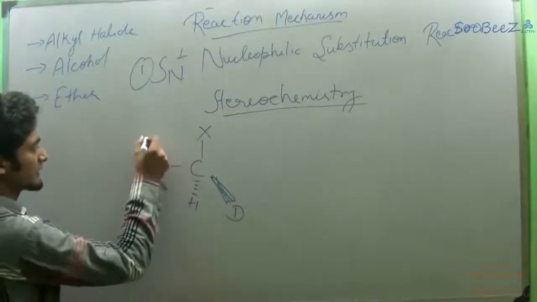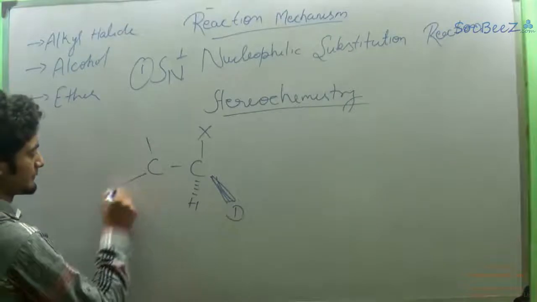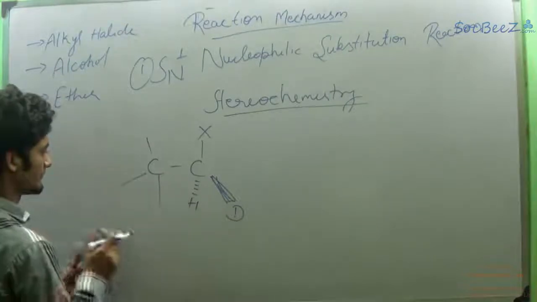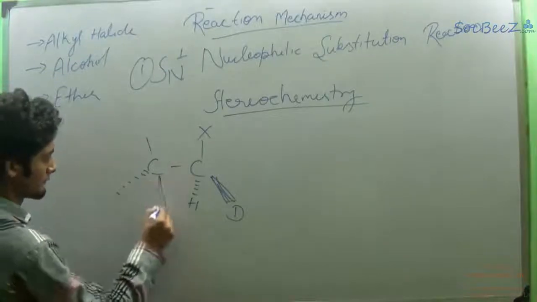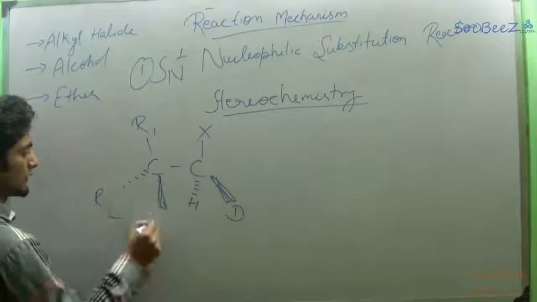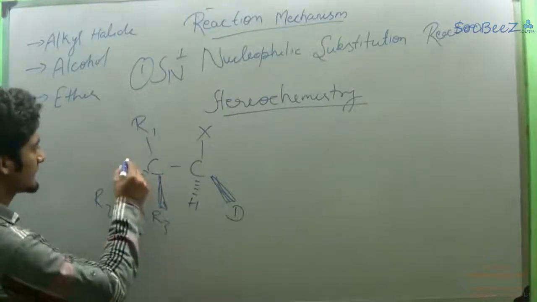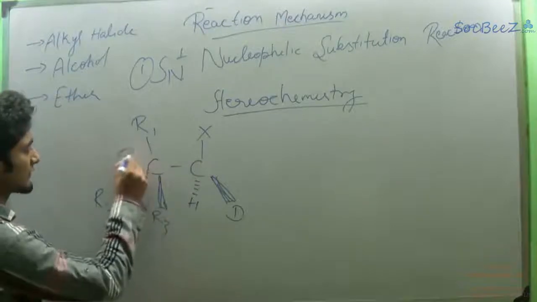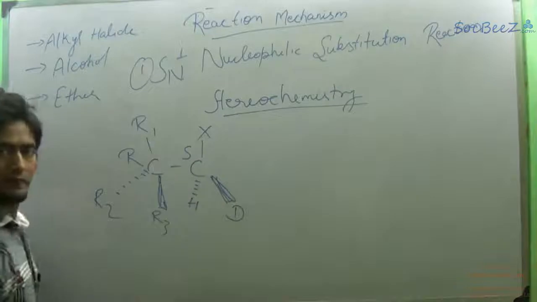That is, it has three different groups attached to it. Let's say R1, R2, R3. So now we have, let's say, this configuration is R and this is S.